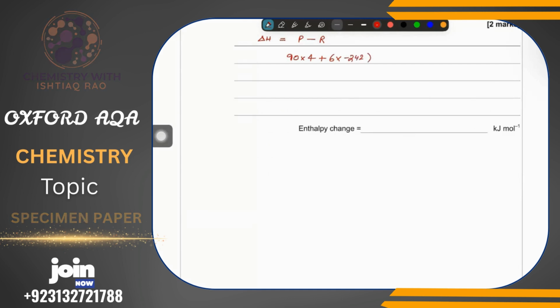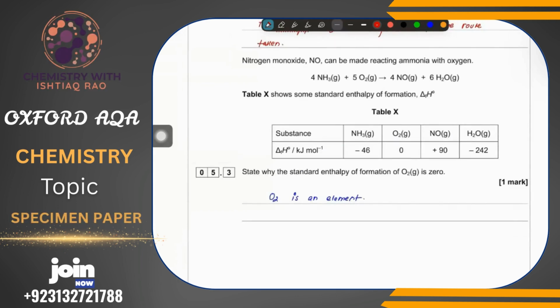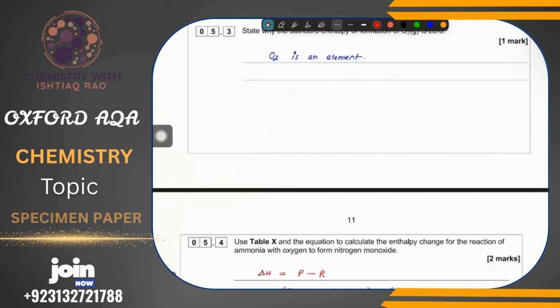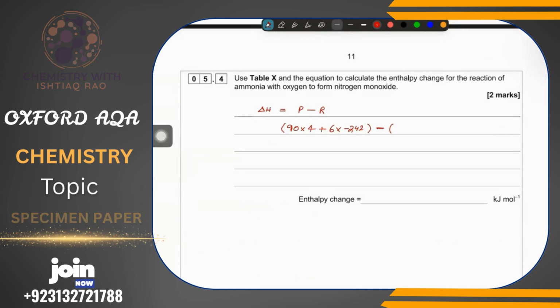This is the product minus reactant. The reactants are NH3 and O2. NH3 is minus 46 times 4, and O2 is 0 multiplied by 5. That's going to be 0. I'm not supposed to solve it, so that would be your answer.